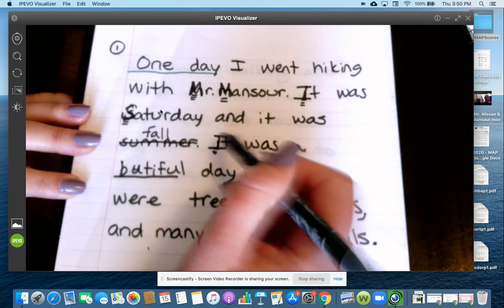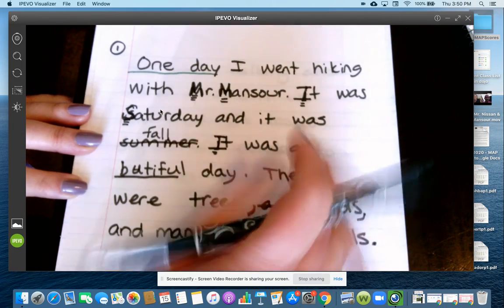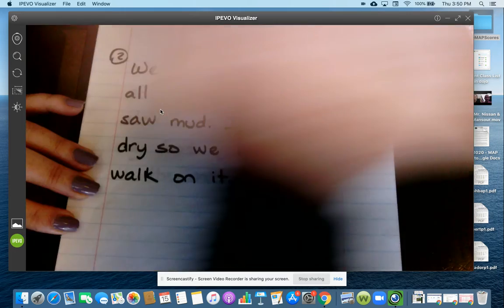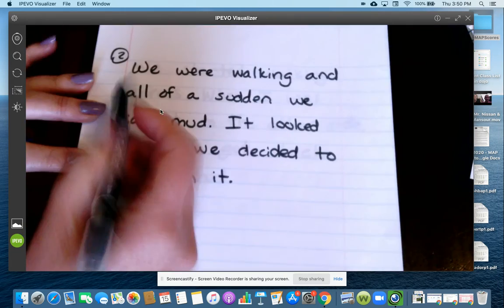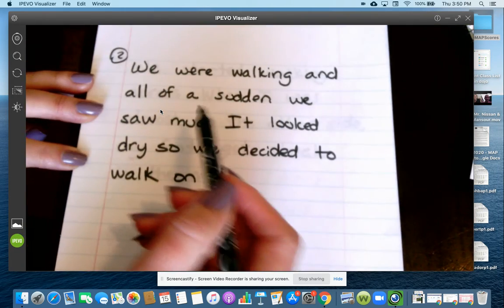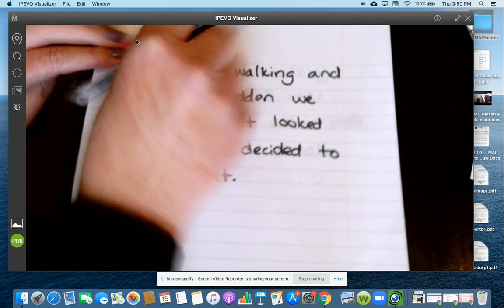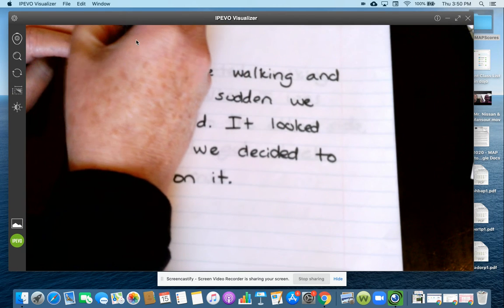So that sort of lets the reader know that I'm starting. It was Saturday and it was fall. It was a beautiful day. And so remember, I was setting up my story for where we went. So here I start out, we were walking and all of a sudden we saw mud. So I might say something like, first, I wanted to use the word first.